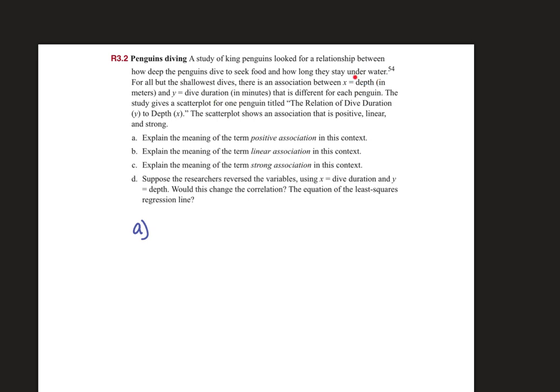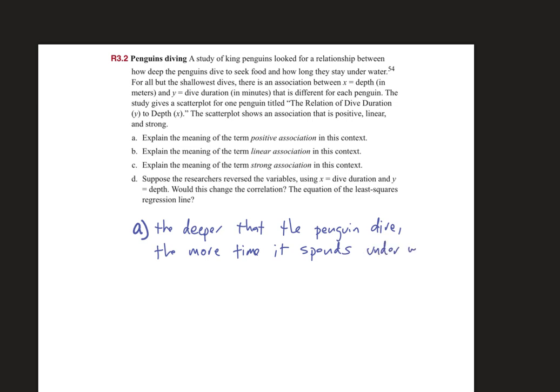So you would say the deeper that the penguin dives, the more time it spends underwater. Okay, so that's the meaning of the term positive association, so B.